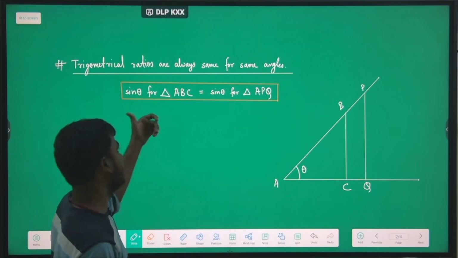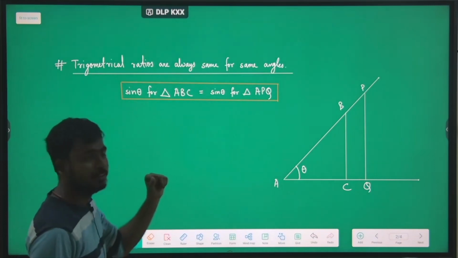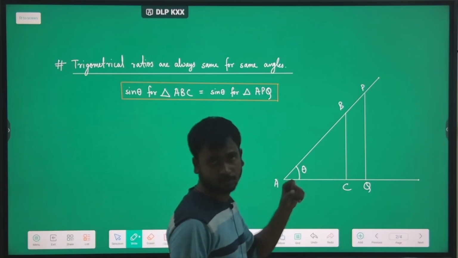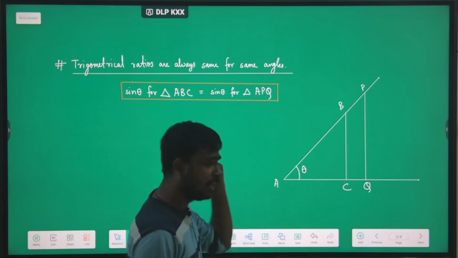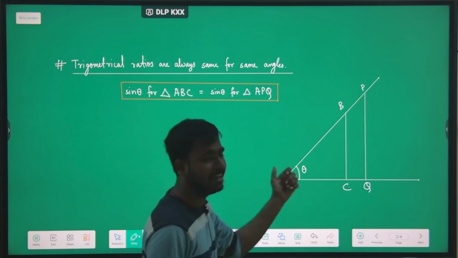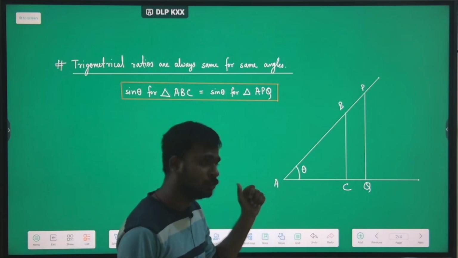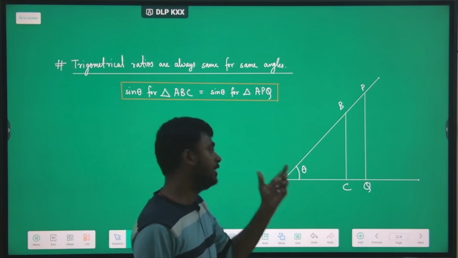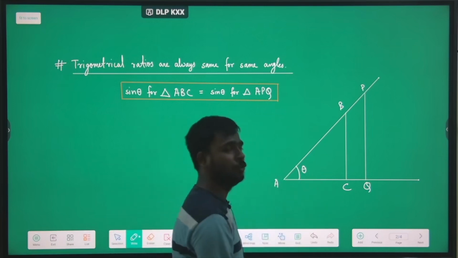First of all, we have to know that this theta is an acute angle.